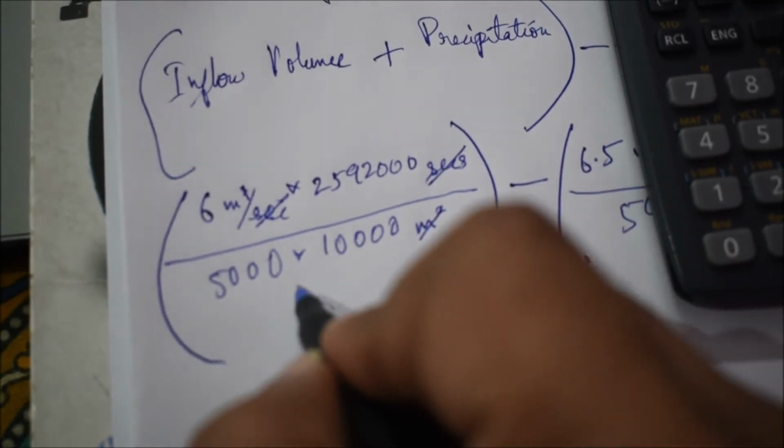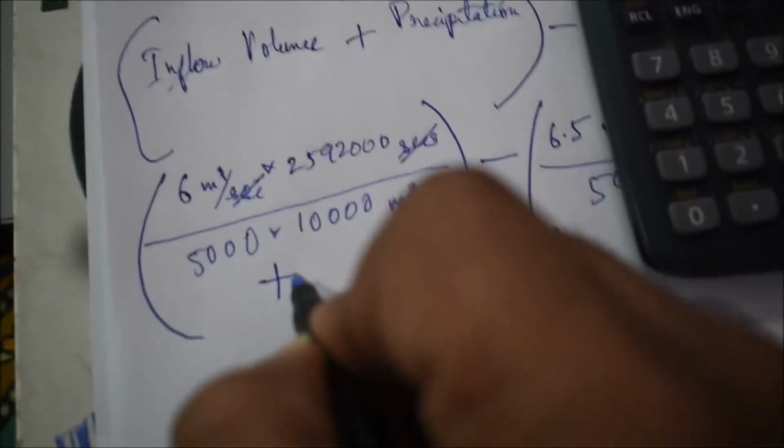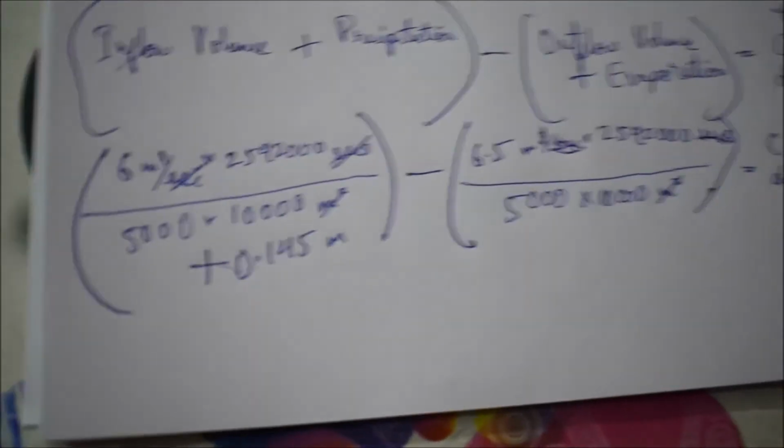But before that, we have to add precipitation, that is plus. Precipitation is 145 mm. Converting 145 mm into meters will be 0.145 meters. So this is precipitation.